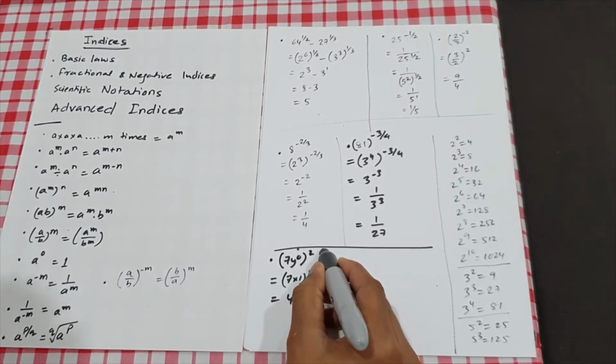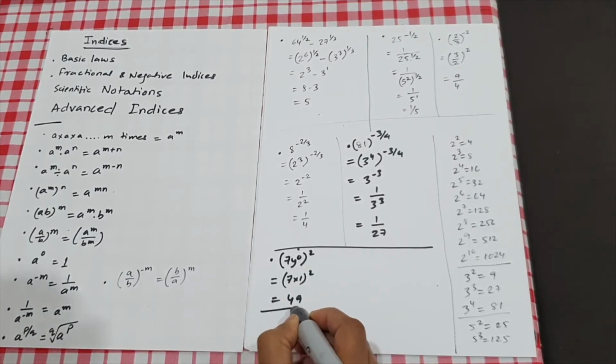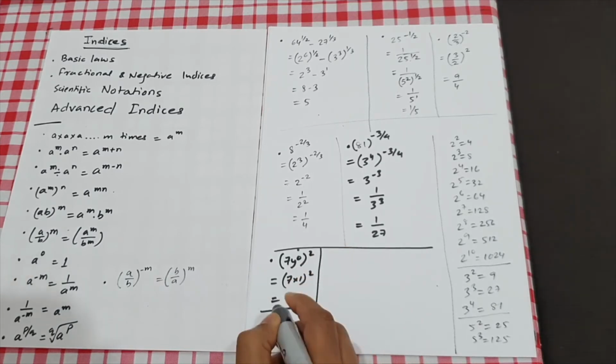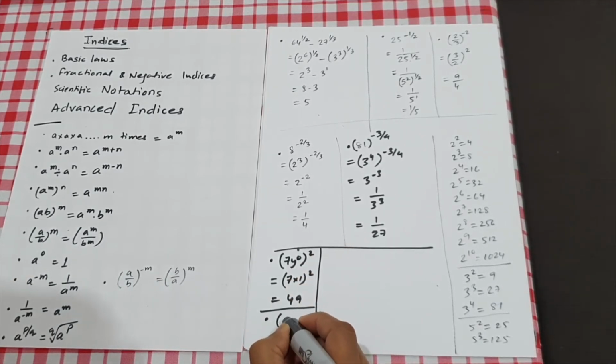Now, if this was something like 7y squared to the power 0, then this answer would be 1. These are two different problems.